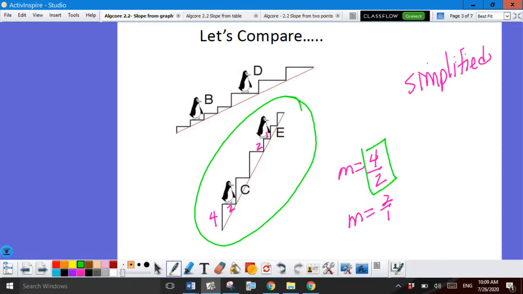This is not simplified. These can both be divided by 2. So if I divide them both by 2, I get 2 over 1, and now they're the same. Okay, so we can have a bigger step and still have the same steepness as a smaller step, depending on whether or not our slopes are simplified.